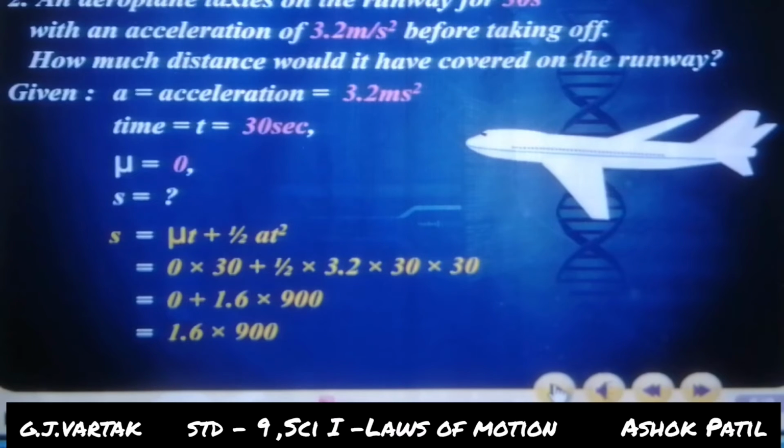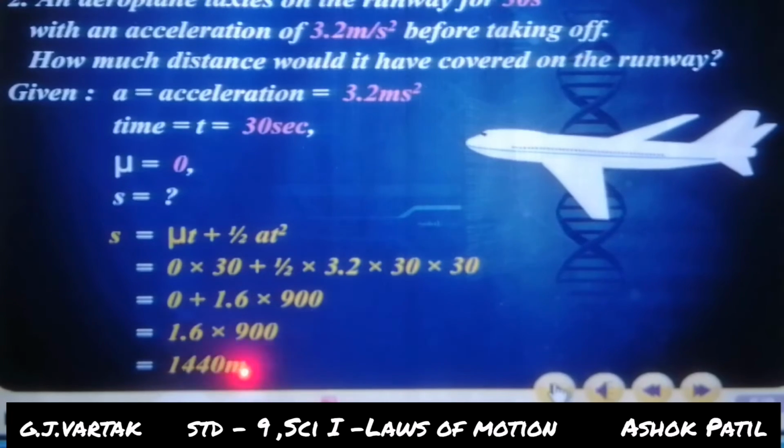The multiplication of 1.6 and 900 is equal to 1440. 16 into 9 is 144, then a 0 is written down here, and the decimal point comes from this side.